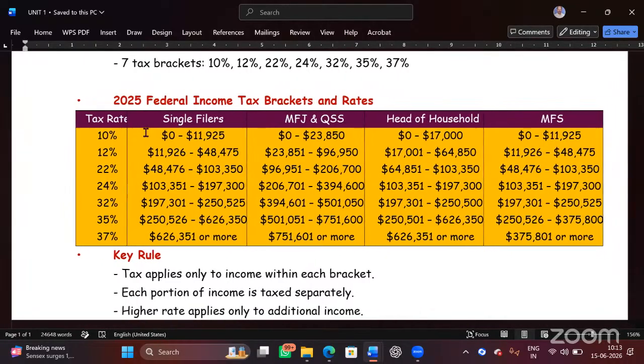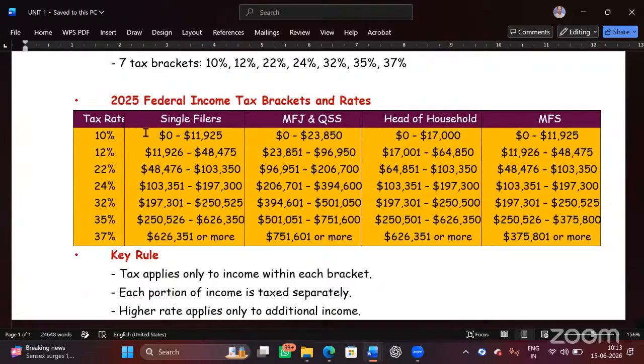We have 7 types of tax rates: 10%, 12%, 22, 24, 32, 35, and 37. Total we have 7 types of tax rates. Basically, all taxpayers are divided into 5 types.